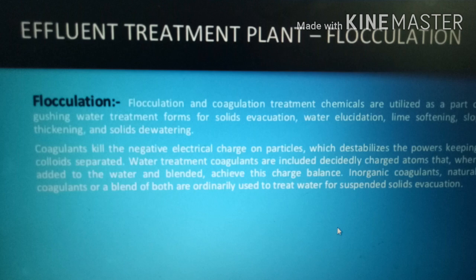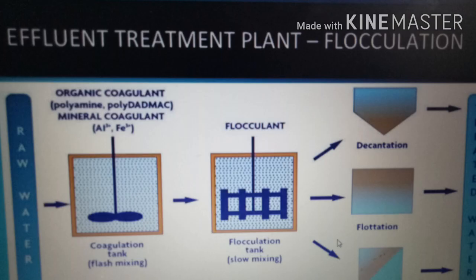Coagulants neutralize the negative electrical charge on particles, which destabilizes the forces keeping colloids apart. The water treatment coagulants are positively charged molecules that, when added to the water and mixed, achieve this charge balance. Inorganic coagulants, organic coagulants or a blend of both are commonly used to treat water for suspended solids removal.